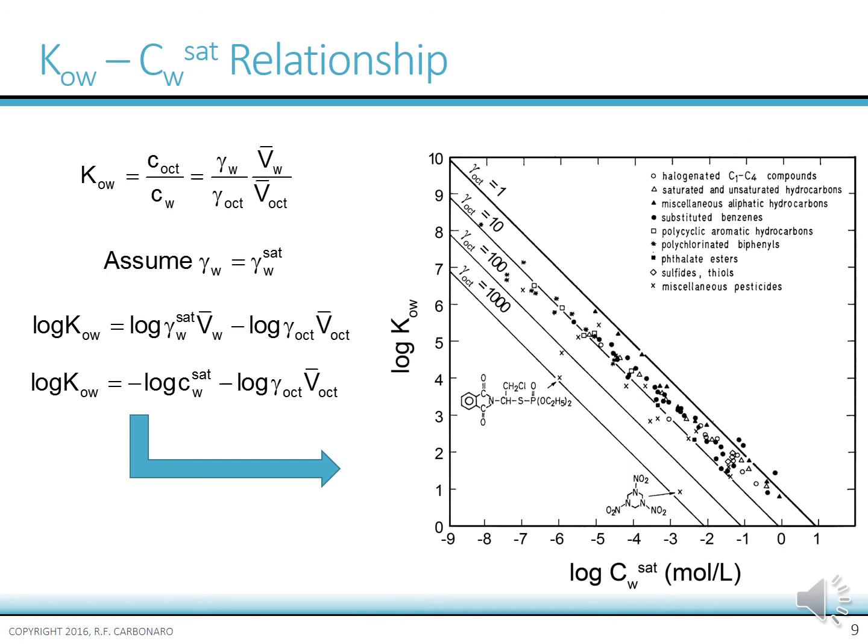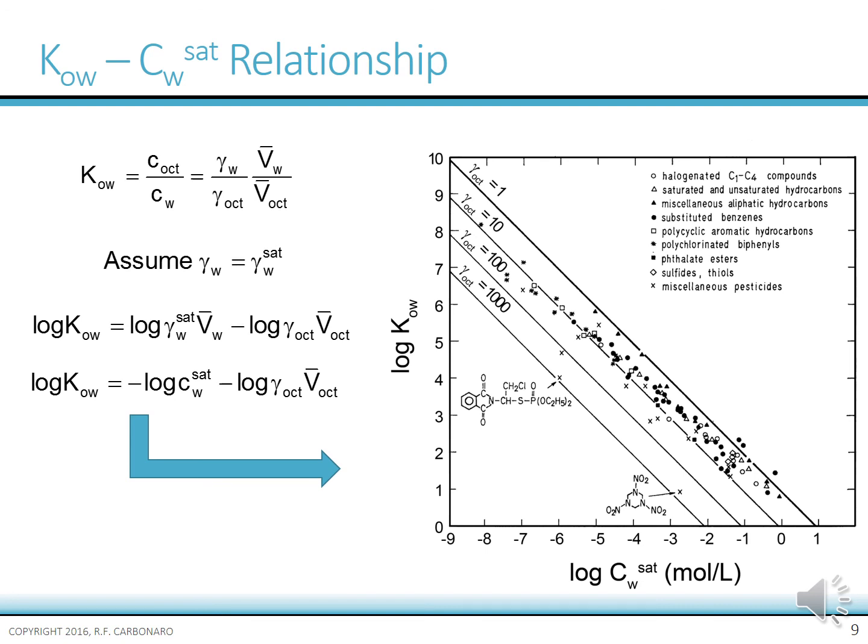If we make that assumption, and if we simply take the logarithm of the first equation shown at the top, we end up with log KOW equal to log of the activity coefficient in water at saturation, gamma subscript W superscript sat, times the molar volume in water, minus log of the activity coefficient in the octanol phase times the molar volume of the octanol phase. Just taking the logarithm of the equation above.